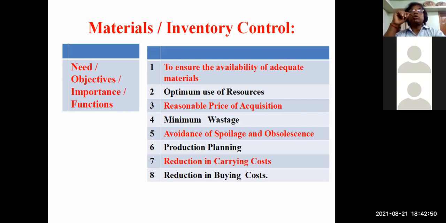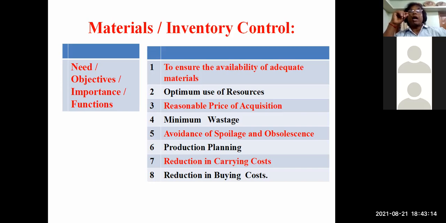You should use exactly what is necessary. Suppose you have taken too much food and you have eaten up half and wasted half. That is very bad. You should use optimum. So there should be some control. And here also this material control helps in optimum use of resources.